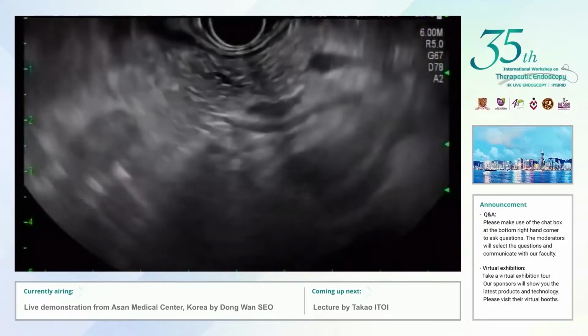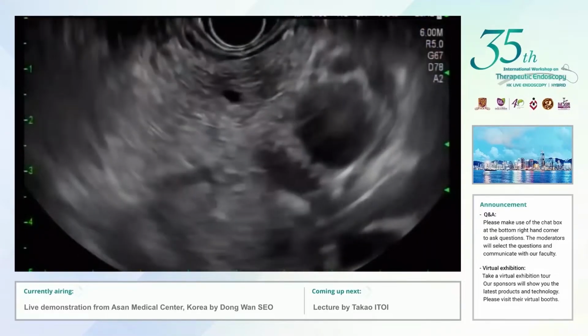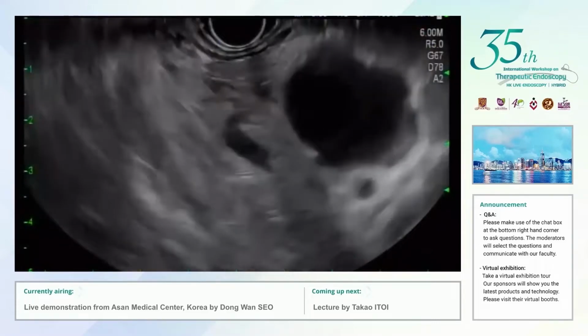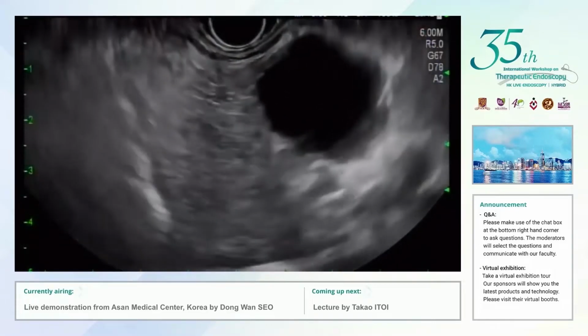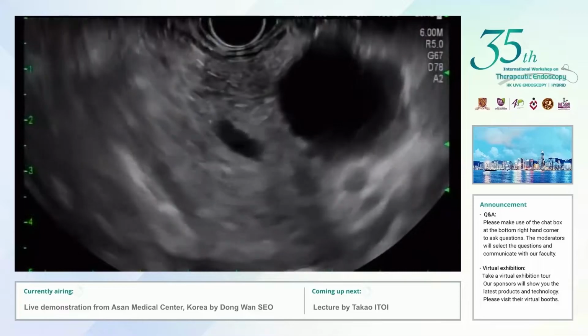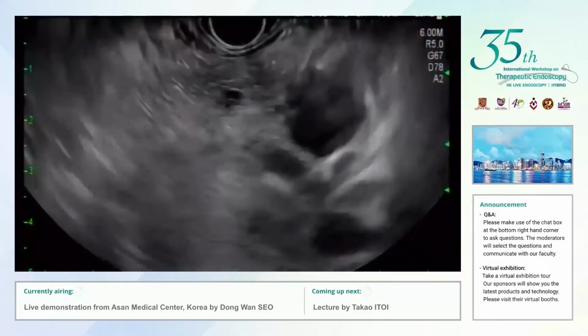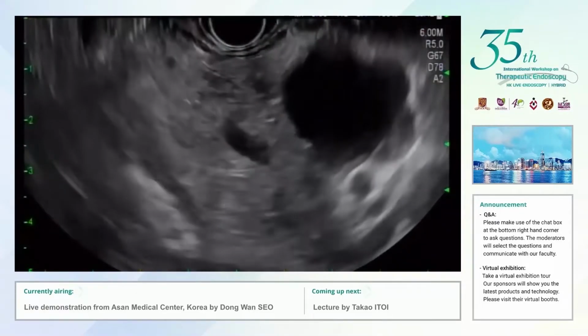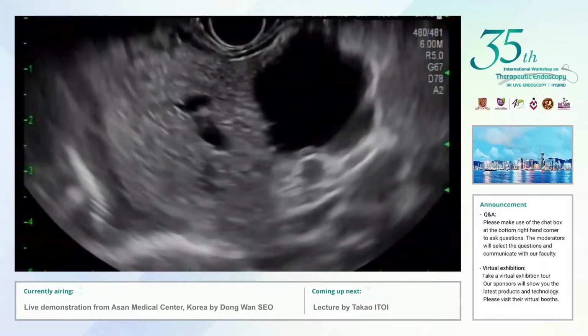So I will try to look at whether there is any clear communication between the MPD and this cystic lesion. This is the MPD. MPD goes downward, and the cyst is located a little bit far from the MPD, at some distance.